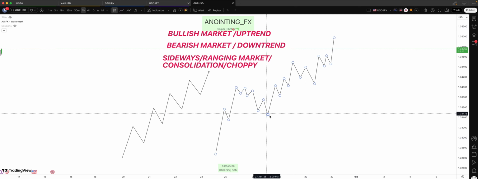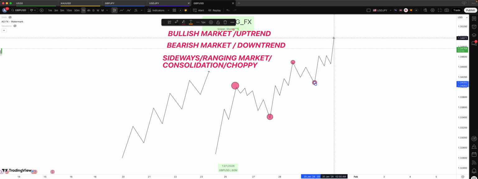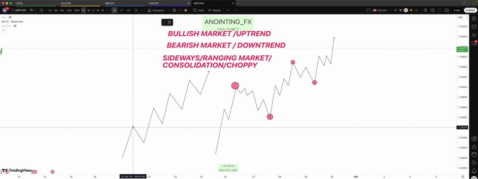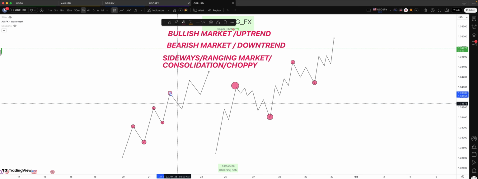So you have your higher high, higher low, and then it continues like that. The moment you identify two series of higher high and higher low, it tells you that the market is bullish. Just like this, you have a higher high, a higher low, a higher high, a higher low. So this tells you that the market is bullish.